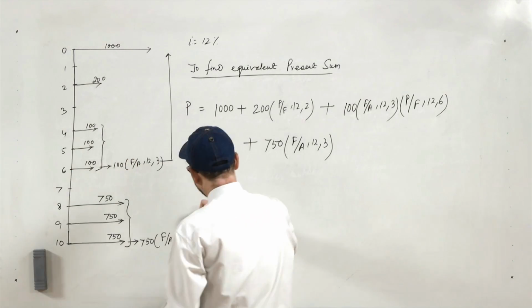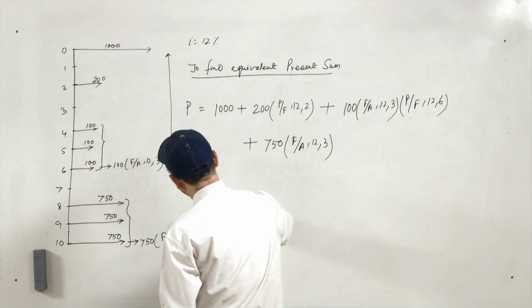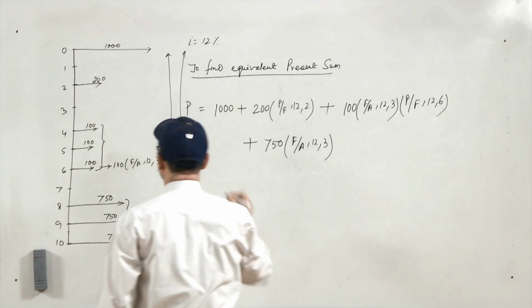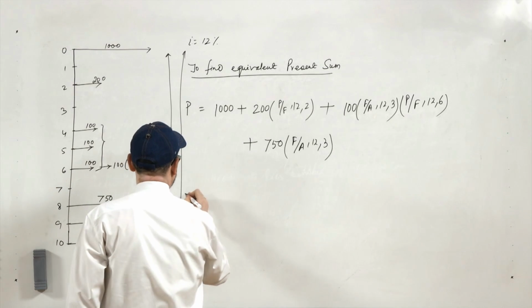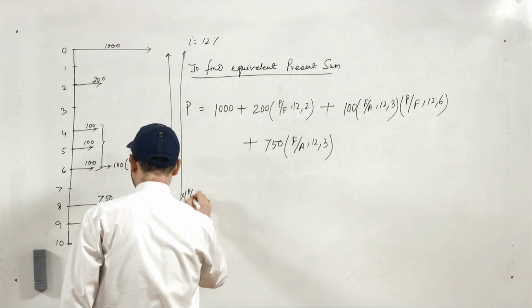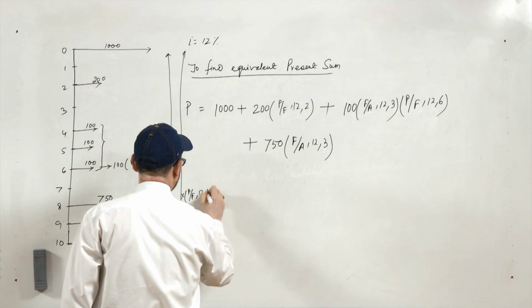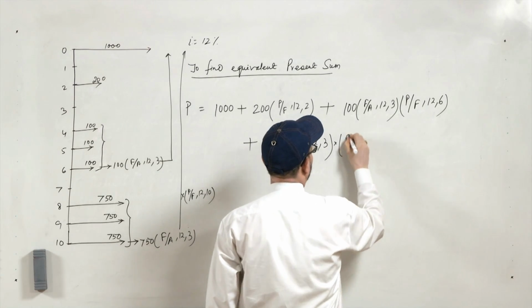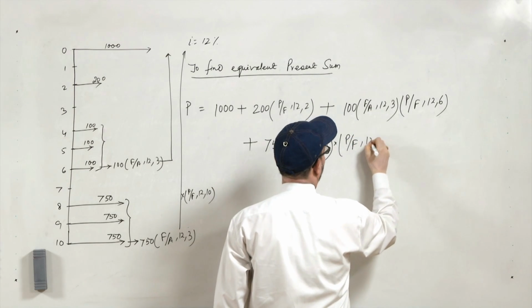And again this is to be sent here. So, this is to be multiplied with P by F 12 10.